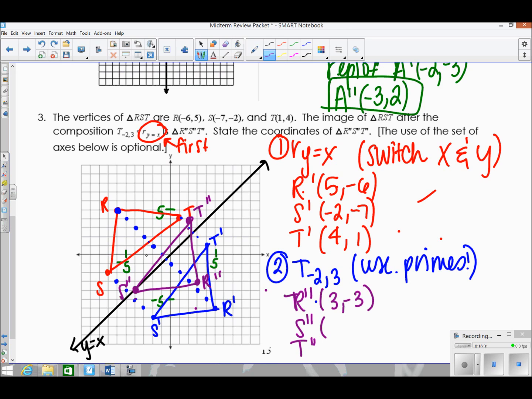S double prime is at -4, -4. And again, check it. -2 minus 2 gives me -4. -7 plus 3 gives me -4. And then the last one is T. We got 2, 4. And then again, if you go from here, subtract 2, you get 2. Add 3 to the 1, you get 4. So there's your coordinates.